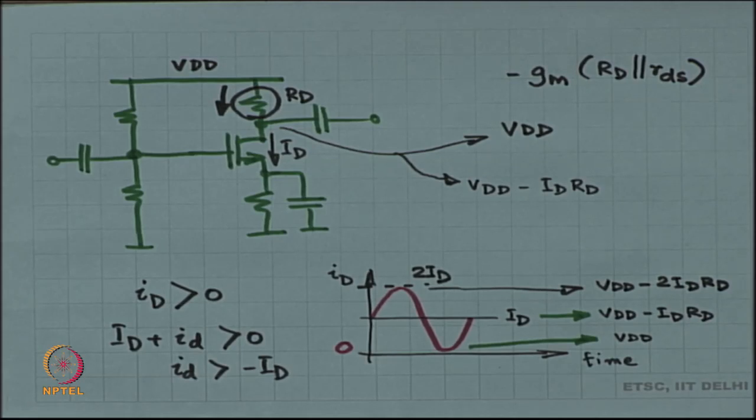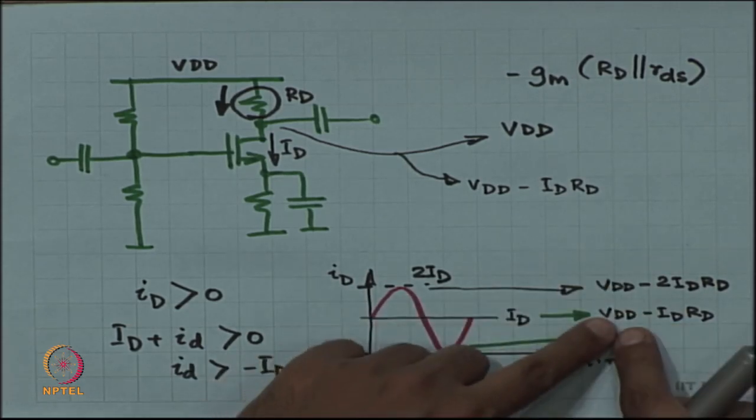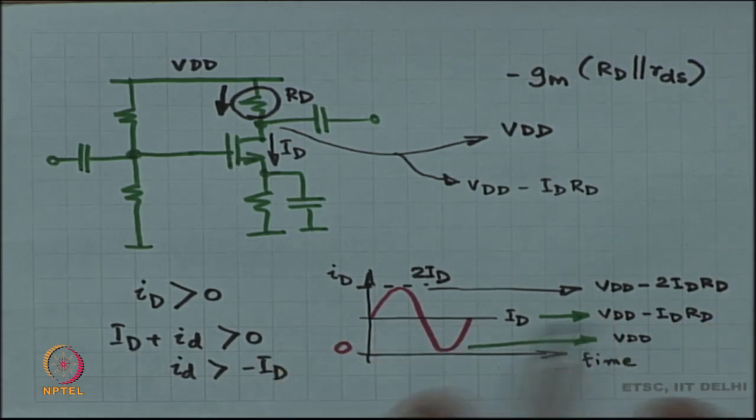Is this okay? So, if small id is a sine wave, then the maximum amplitude of the drain voltage. So, the drain voltage is nominally VDD minus ID RD, and then it is riding on top of that.